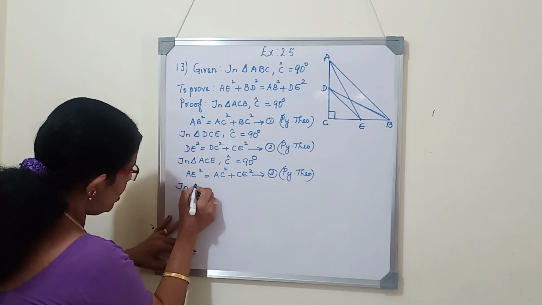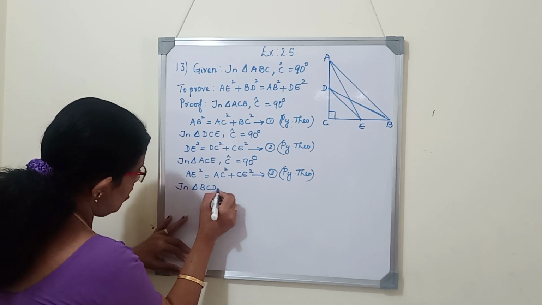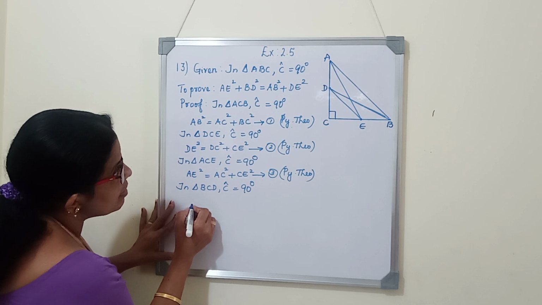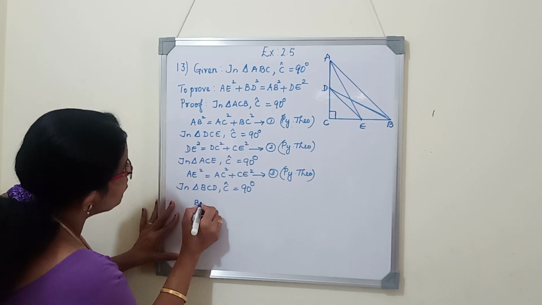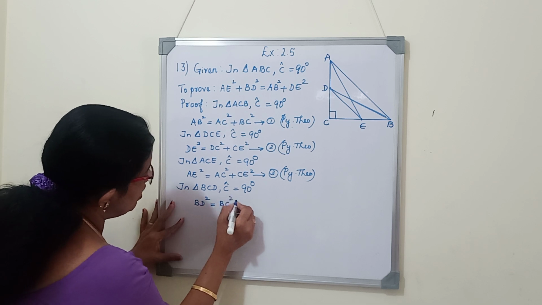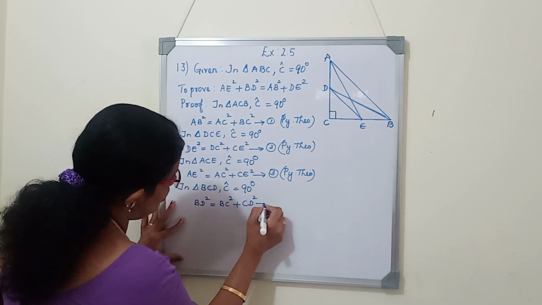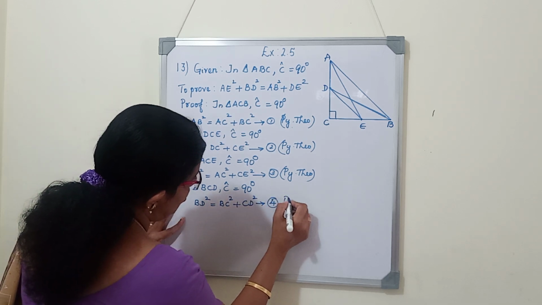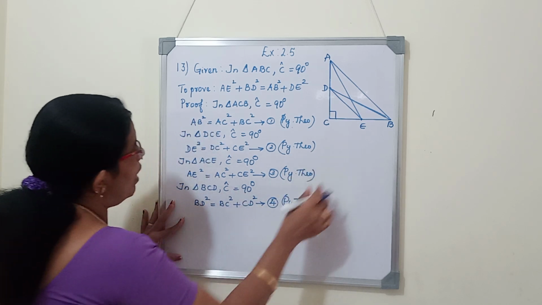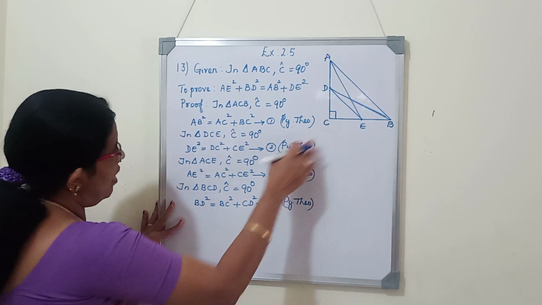In triangle BCD, angle C 90 degree. BD square equals BC square plus CD square. Equation 4. So now we got 4 equations by applying Pythagoras theorem in this given triangle.